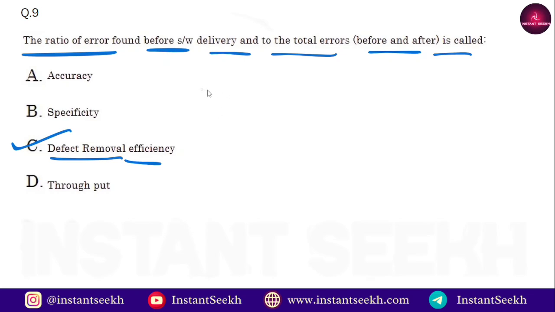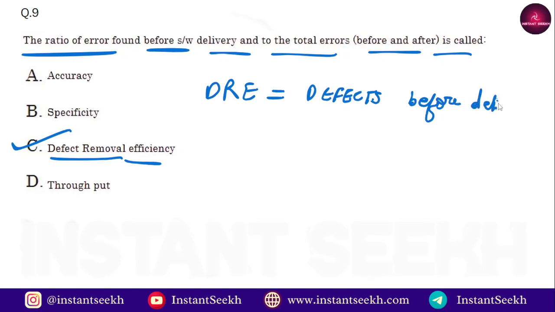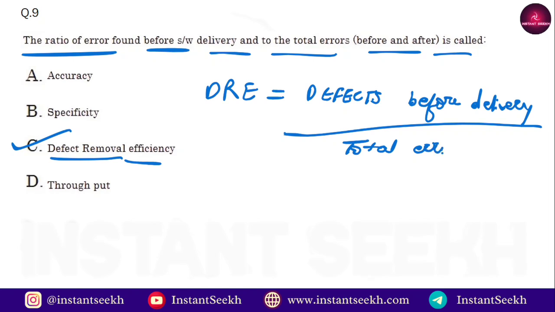So how is it given? Defect removal efficiency is equal to defects found before delivery divided by total errors, or you can say defects, total errors before and after.